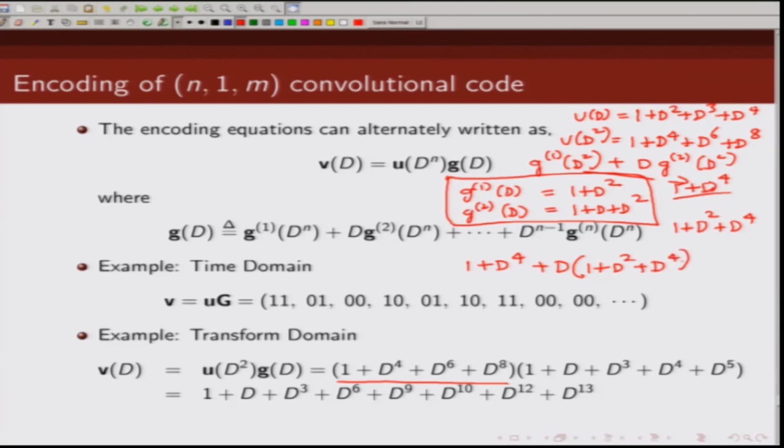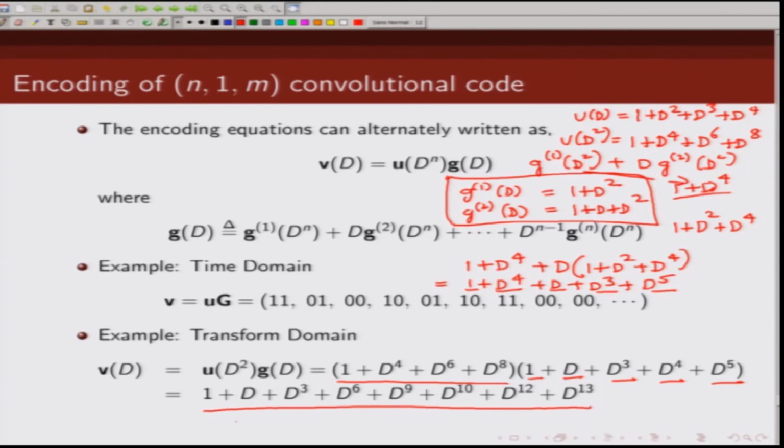Okay, this can be written as 1 plus D 4 plus D cube plus D 5, plus D 5. So this is our g(D). Now, if we multiply all of them, what we get is this, and we can write this.